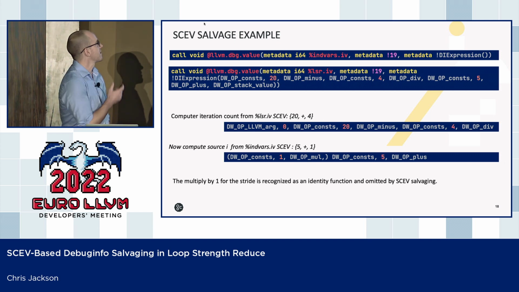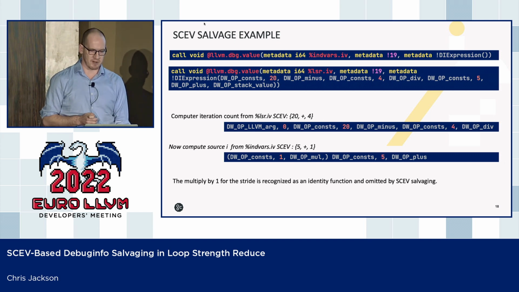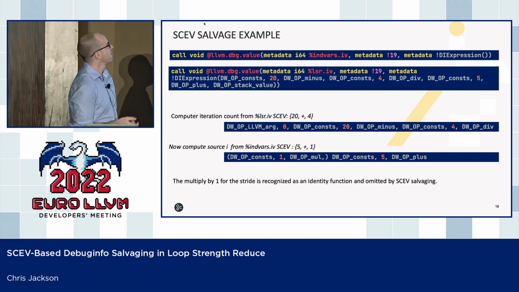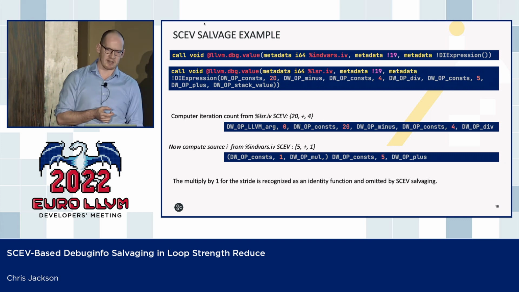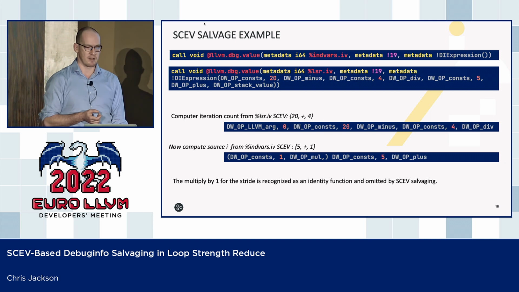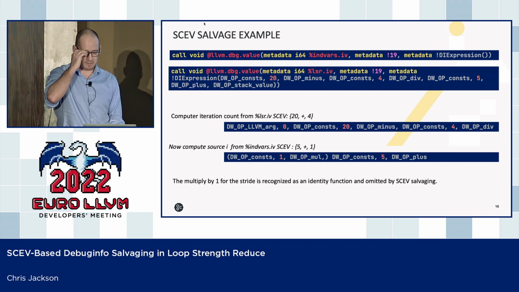So the first stage, I've split up the DWARF expression so you can see it a bit more clearly, is from lsr.iv, we subtract its start value, the constant 20, and then we divide by 4, which is the stride value. And that allows us to know which iteration count we're in.